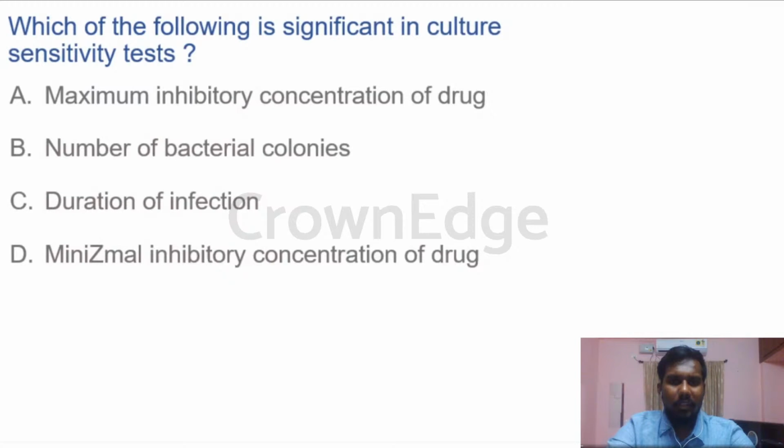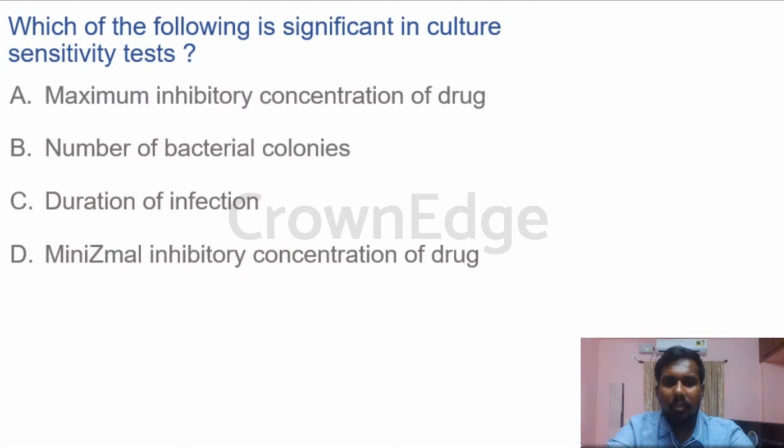Which of the following is significant in culture sensitivity tests? The patient has come to us. We have identified the infection as a submental space infection. Then we have done a Hilton's incision and drainage. We have collected the pus. Then we have sent it for culture. So which is the most significant thing in a culture sensitivity test?